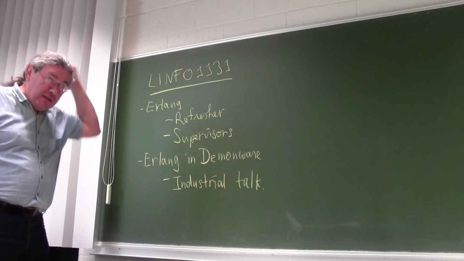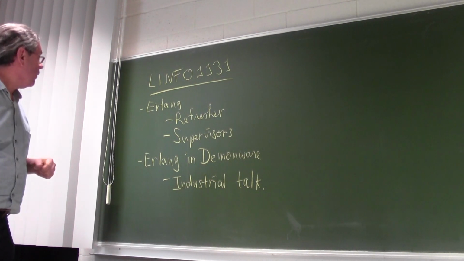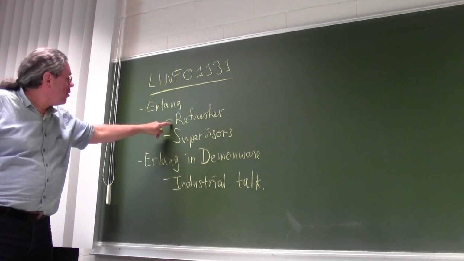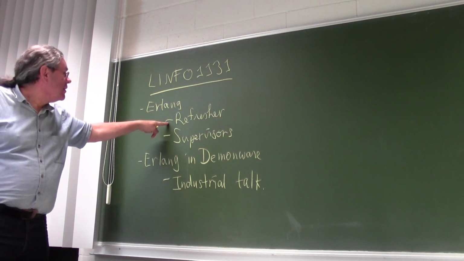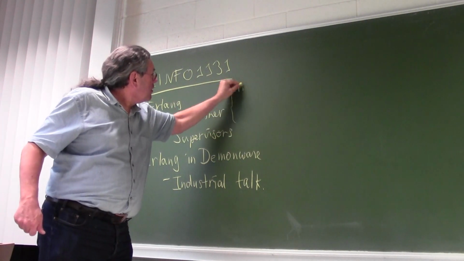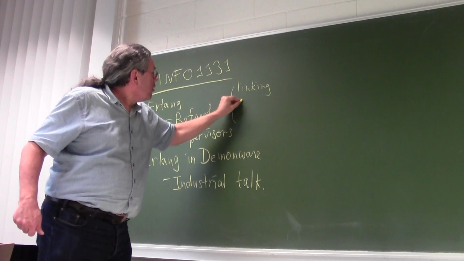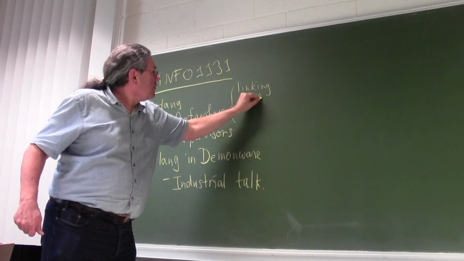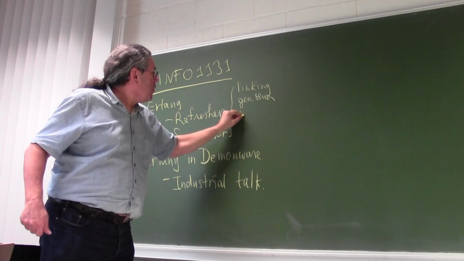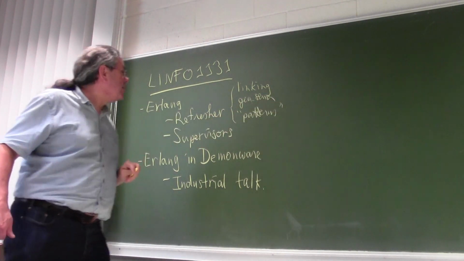Today I want to finish talking about multi-agent programming in Erlang. I will start by giving you a refresher on how Erlang works, the basic important concepts, especially the concept of linking, and also very quickly the gen server and some patterns to get you back into the way of thinking.